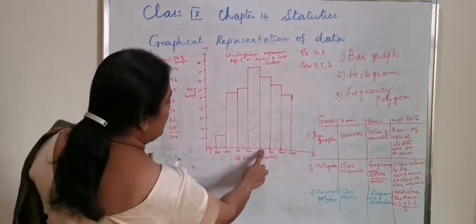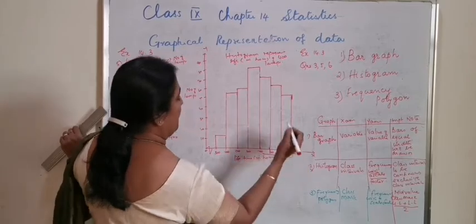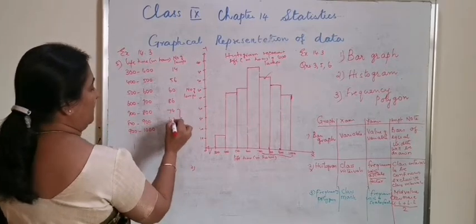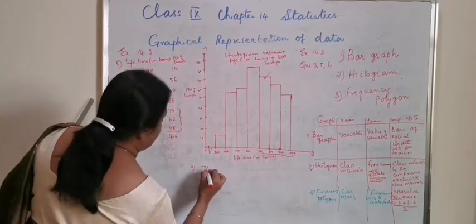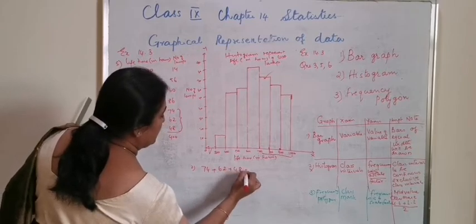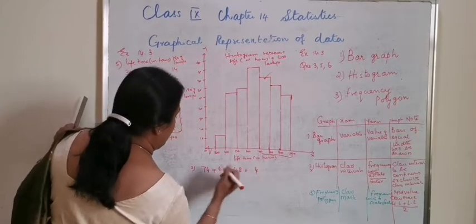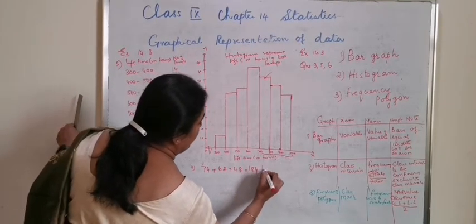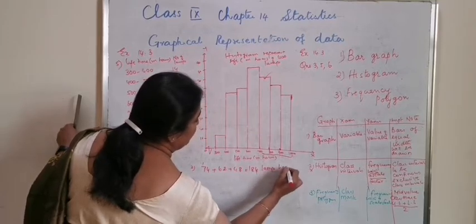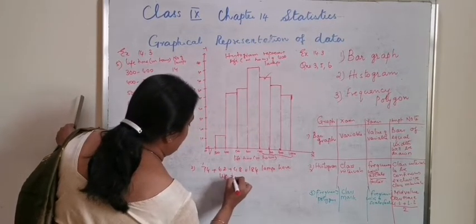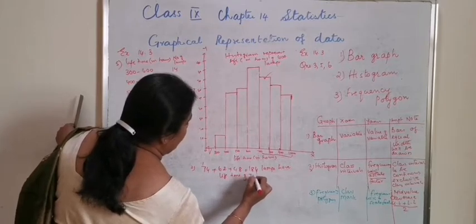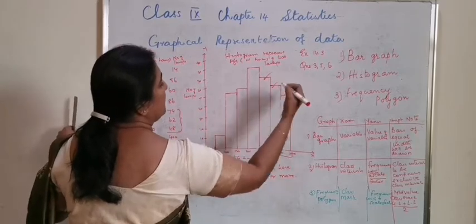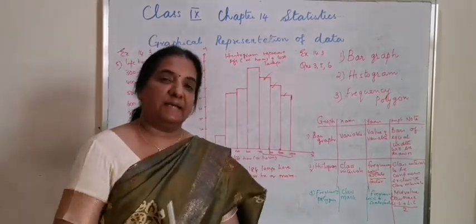More than 700 hours, you can see from here, means 74 plus 62 plus 48. 8 plus 2 is 10, plus 4 is 14. 7 plus 1 is 8, 8 plus 6 is 14, plus 4 is 18. 184 lamps have a lifetime of 700 hours or more. This frequency will give you that. From the graph you can read it in that way.